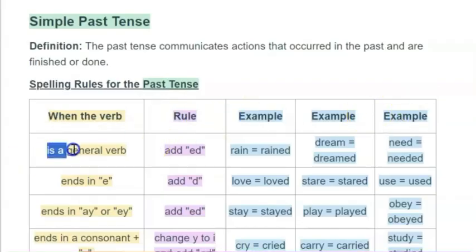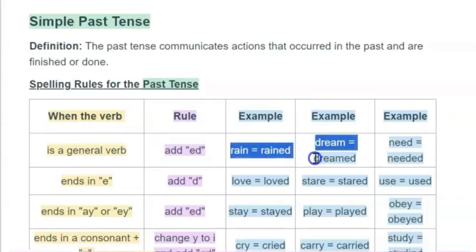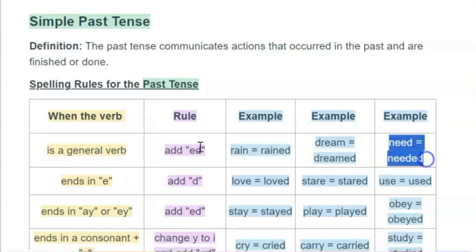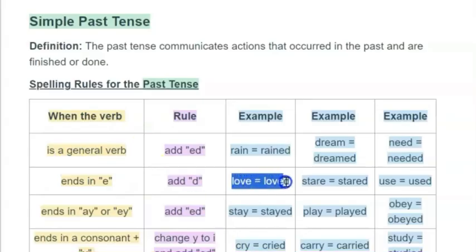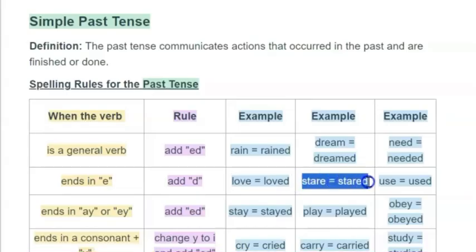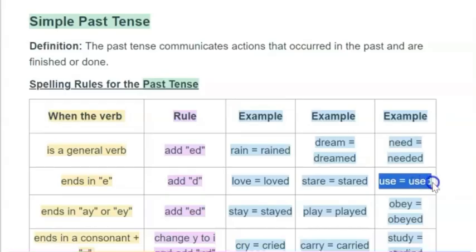So when the verb is a general verb, we are going to add the letters ed, such as rain turned to rained, and dream turned to dreamed, and need turned to needed. Then when the verb ends in e, we add d, such as love turns to loved, and stare turns to stared, and use turns to used.